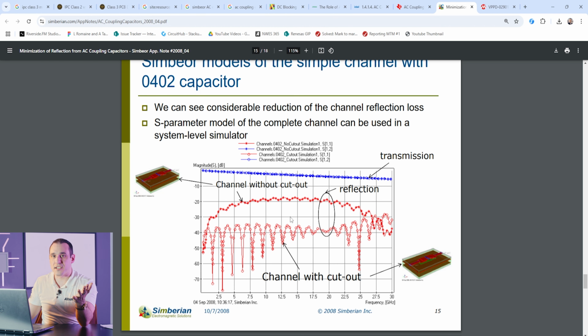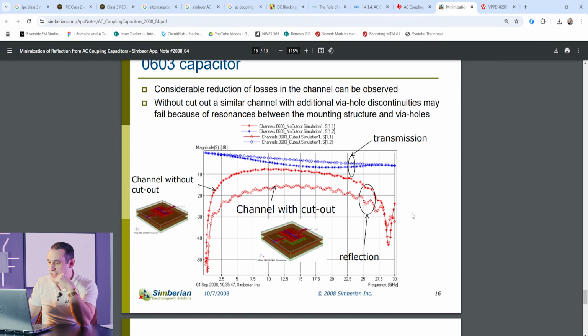Now what about a 0603 capacitor? Well, here on the next slide, we also see an improvement with the cutout below the capacitor. However, in general, all of the data is worse when we use a larger 0603 capacitor. Now, this is consistent with some of the data that we saw from some of the other resources in this video.